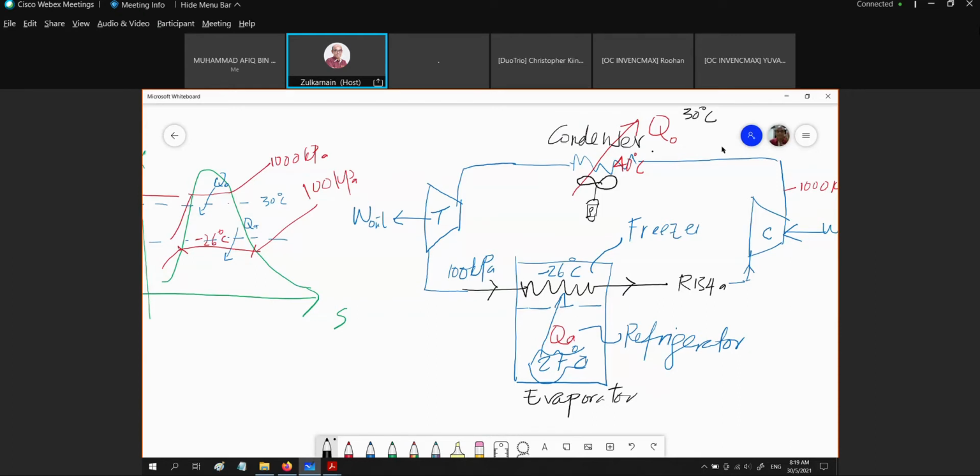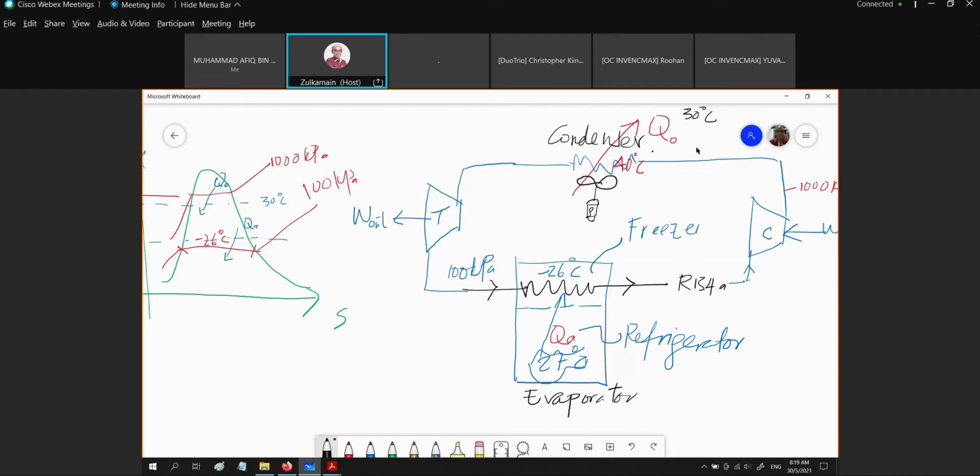So if we have this evaporator, compressor, condenser, and the expansion device or expansion engine, and if we assume that all processes are reversible, at the condenser we assume reversible and isothermal, and the evaporator is also reversible and isothermal.